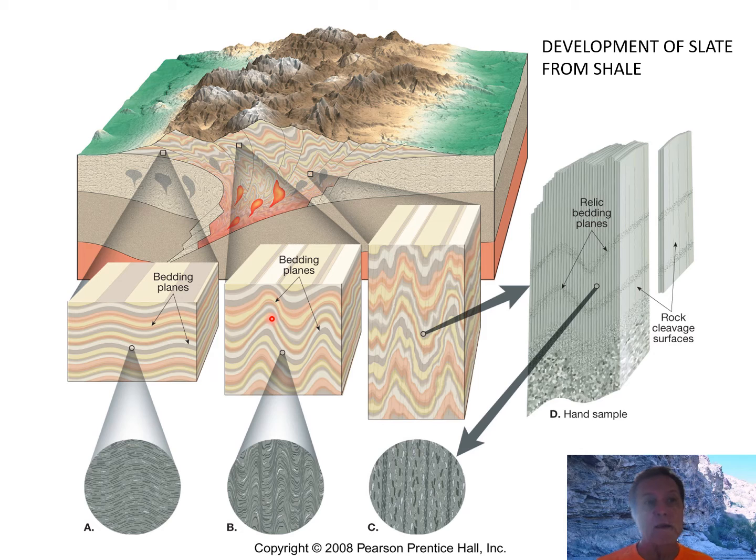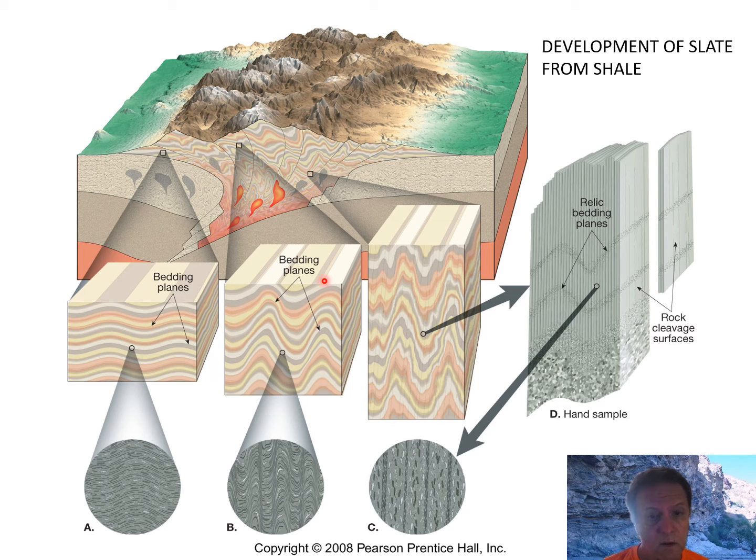Under those high conditions of pressure, it acts more like a putty, which is bendable and foldable, rather than a brittle rock. So the rock starts to fold, and as it does so, it develops secondary planes, like you see running up through here, which are the axes of these folds.